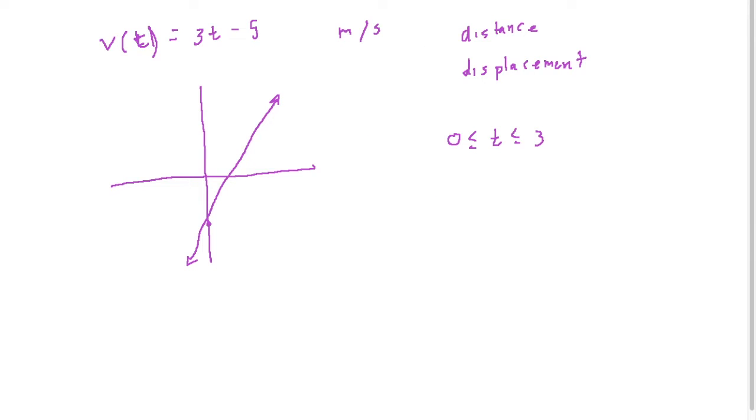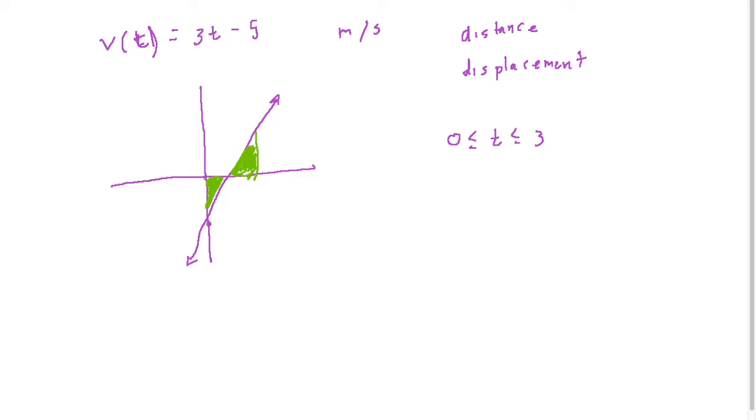Well, let's think about this visually before we apply any integrals. Let's say we have a velocity function, we want to find distance and displacement, so we're going to find the area under the curve from 0 to 3. For this first part, it's the area between the curve and the x-axis, and then from 0 to 3, maybe it's going to be something like this.